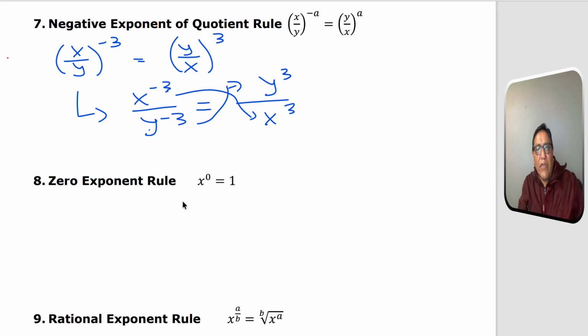So you can do it either way, you will get the same answer, because after this, if you distribute, it will be the same as y cubed divided by x cubed. Correct? Good.